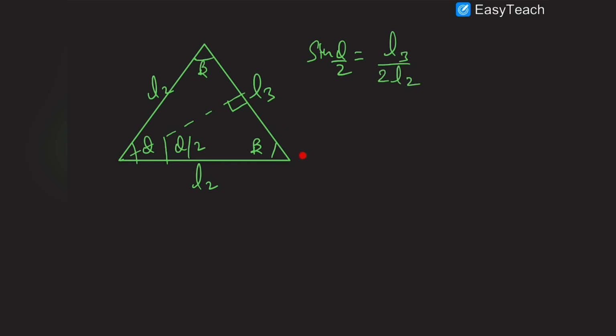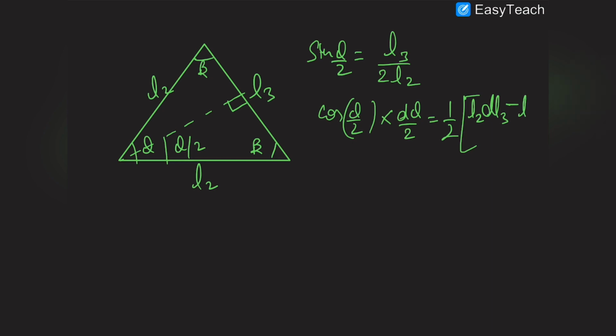This is L3 by 2 divided by L2, and this is cos theta by 2 multiplied by d theta by 2. It would be 1 by 2, and this would be L2 dL3 minus L3 dL2 divided by L2 square.